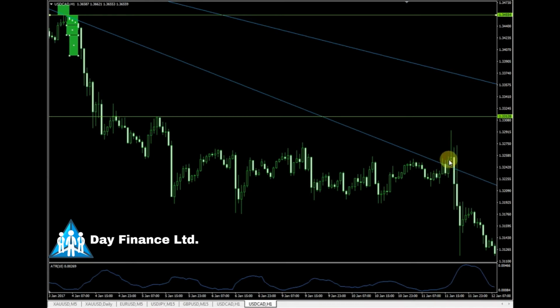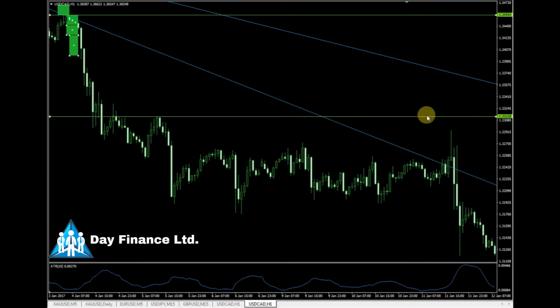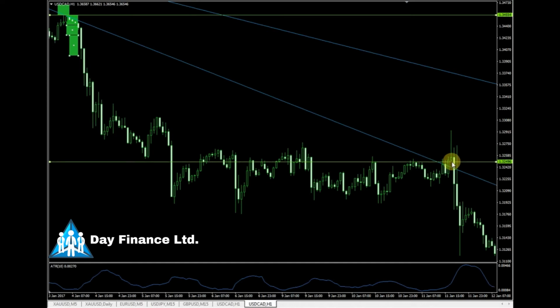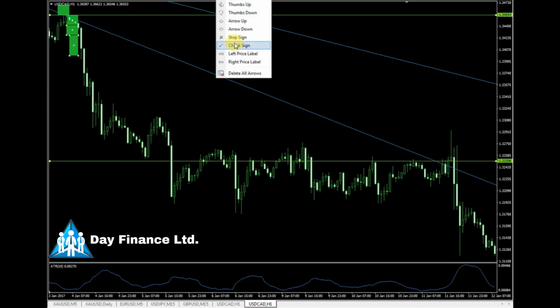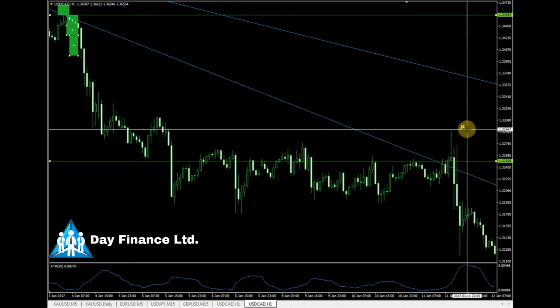So from here I will see the next candle, and I'm sure that we have sellers, right? So if you want to confirm that, you can wait for the next candle, or you can put your sell stop just below this candle, with the stop over the high of it.